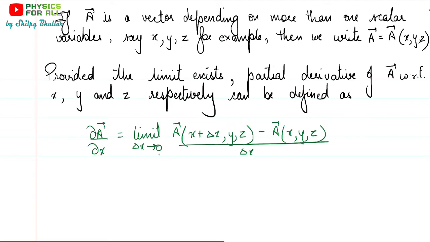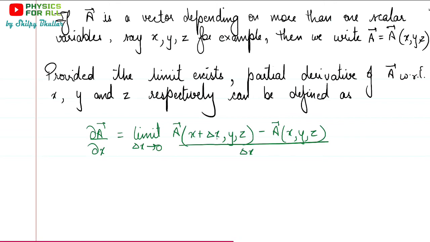So delta x is the limit. The limit tends to 0, because it has to be a very, very small change. Whatever change we are studying, the change should be really, really small. So here it would be x plus delta x, because only x will change. We cannot study any effect by considering the changes in all the three variables simultaneously.